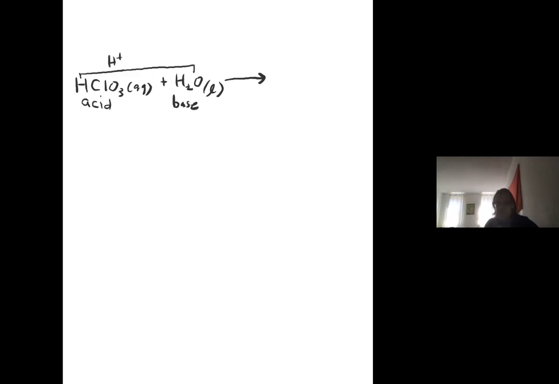Now when you transfer the H plus to the base, it is now H3O plus. So now you have your hydronium ion. And then what do you have left over? Well, if you lose the H, you have ClO3, but you're not just losing an H, you're losing an H plus. So it's ClO3 minus.